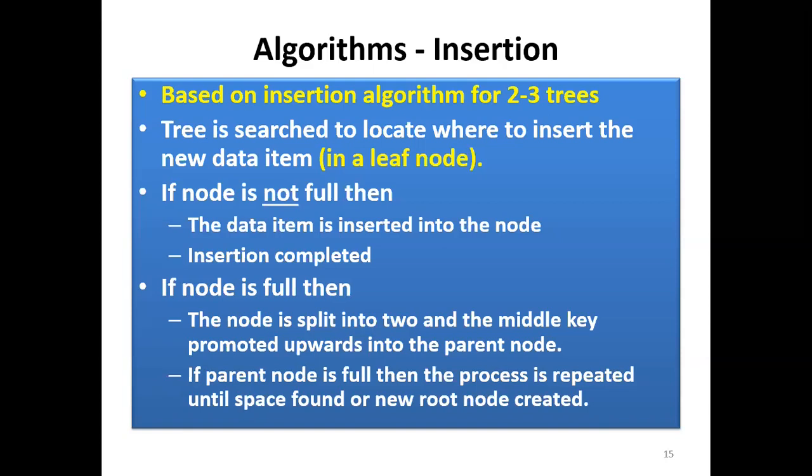But in a case where the node is full, that is, the node has the maximum number of data items that it can contain, then we need to perform further operations. First we have to split the node into two and move the middle key, or the middle data item, to the parent node. I call it promoting it into the parent node.